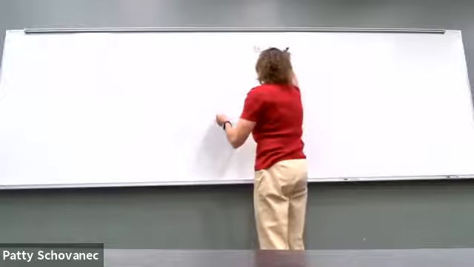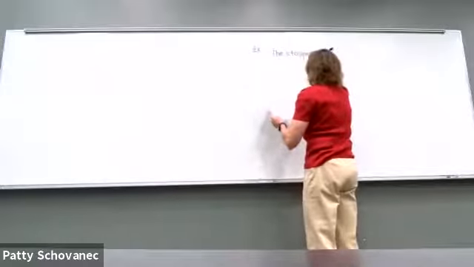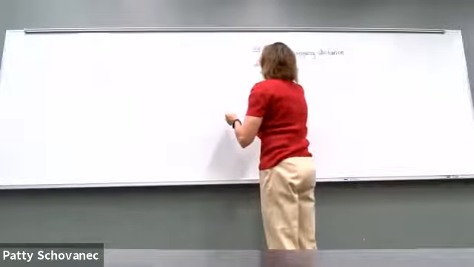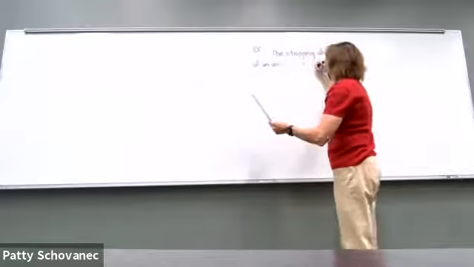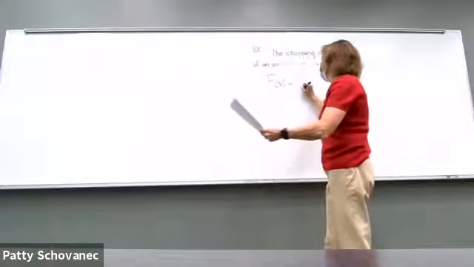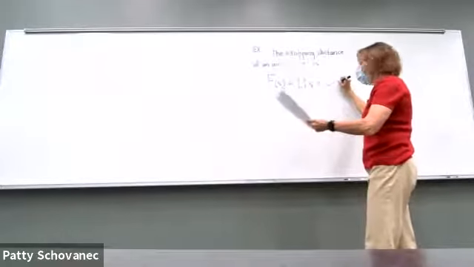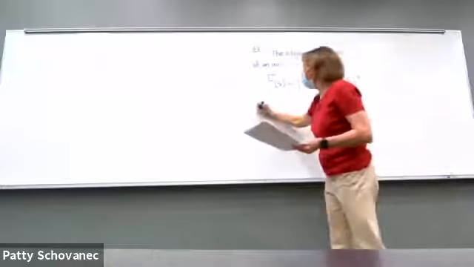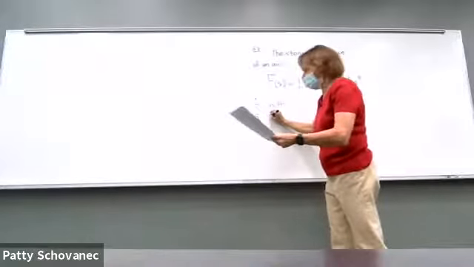The stopping distance of an automobile is given by the formula capital F of s is equal to 1.1 times s plus 0.054 times s squared, where capital F is a measurement in feet and little s is speed in miles per hour.